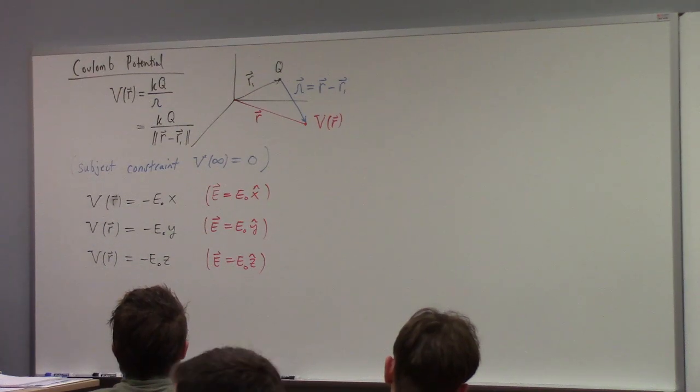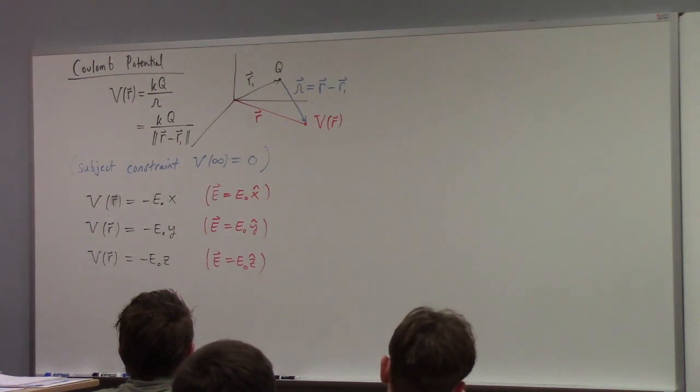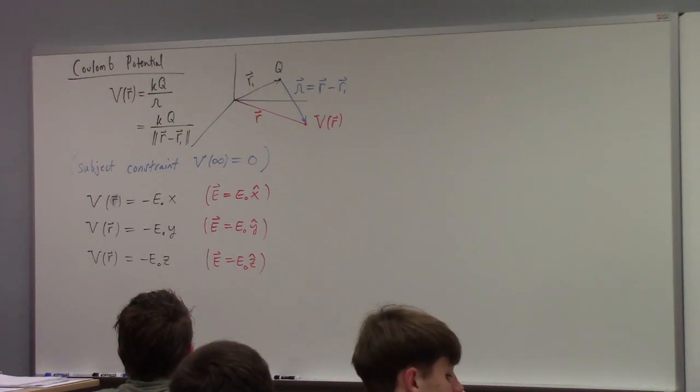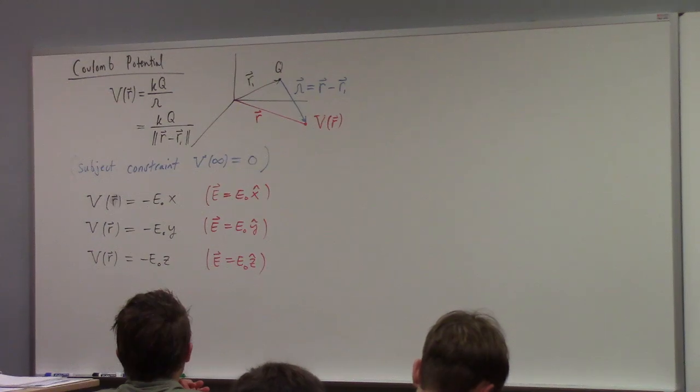And it's pretty easy to take the gradient of my formulas and put a minus on it and see that you get those electric fields, right? That's a pretty easy integral. The integral of a constant is constant times x, right?